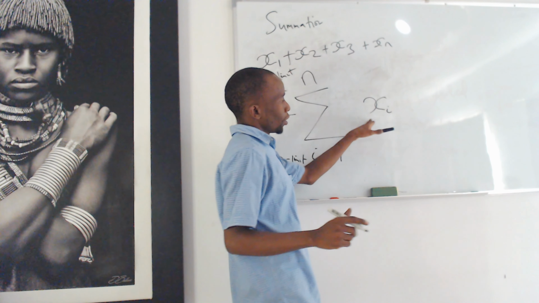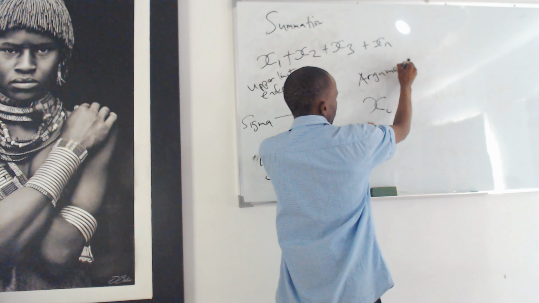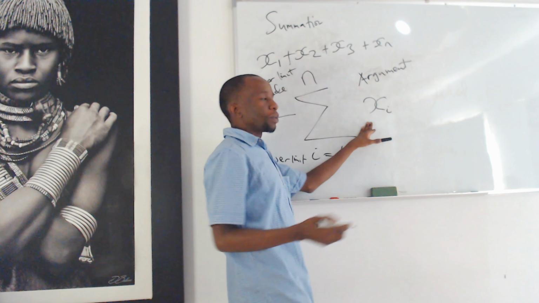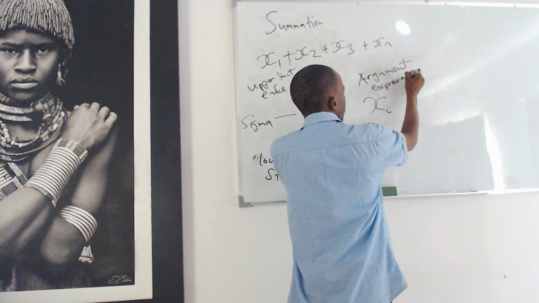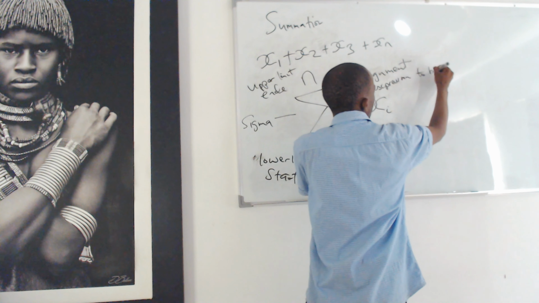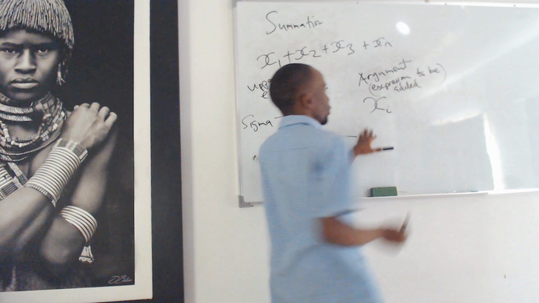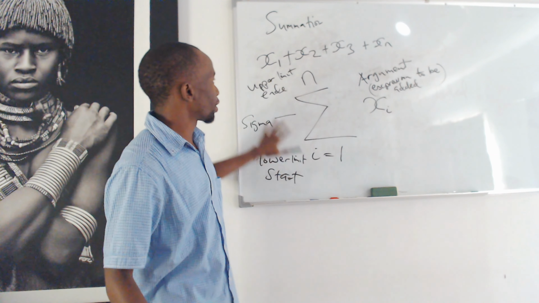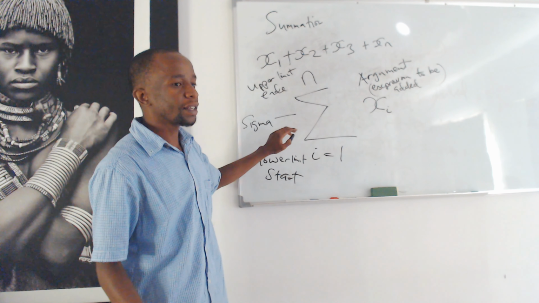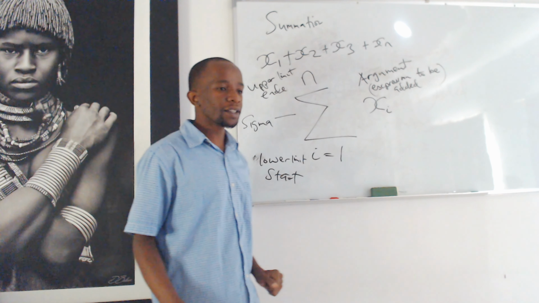Then finally here we have our argument or the expression to be added. So what you see here, we have simplified the addition of x1, x2, x3 up until xn.